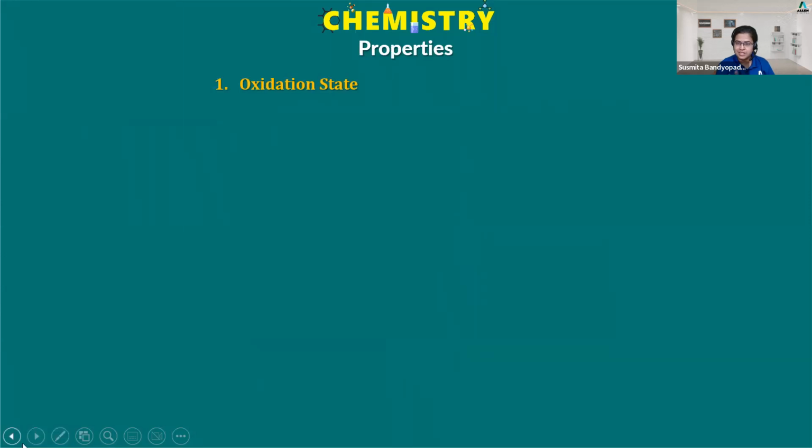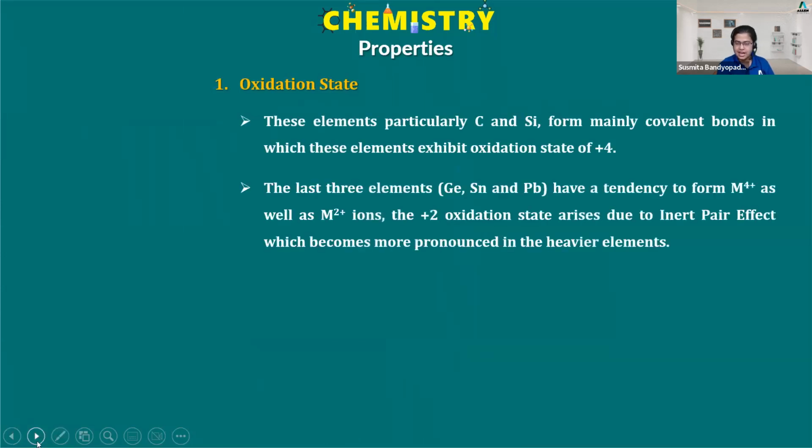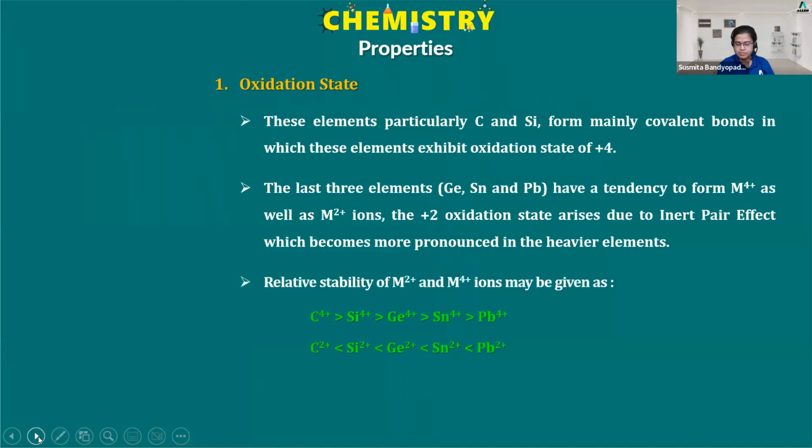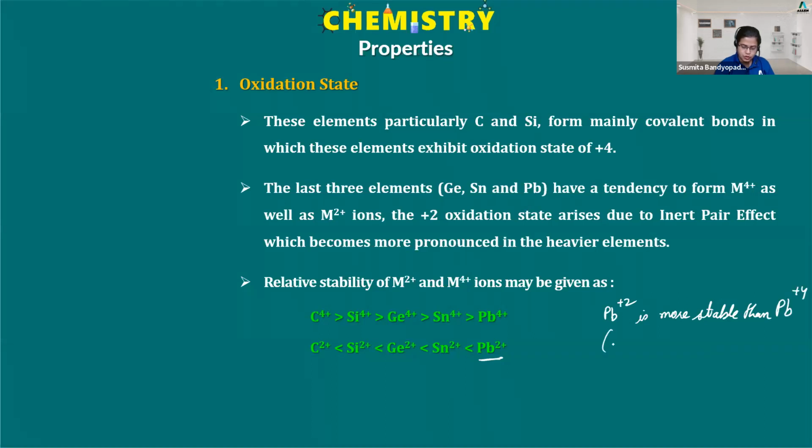That's what I was discussing, and then decided to leave it to the next class. It's lead which shows inert pair effect, as a result of which the +2 oxidation state in lead, Pb2+, is more stable than Pb4+.